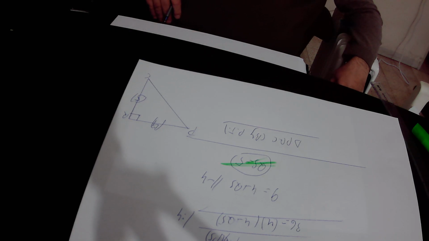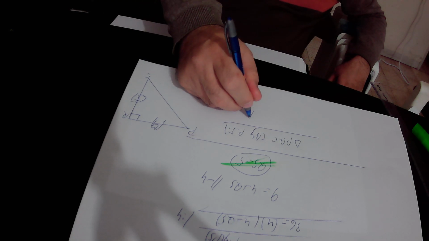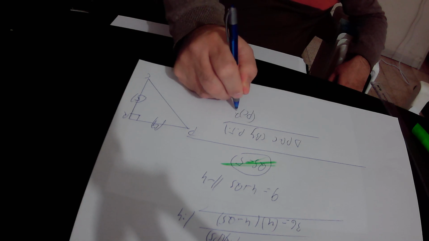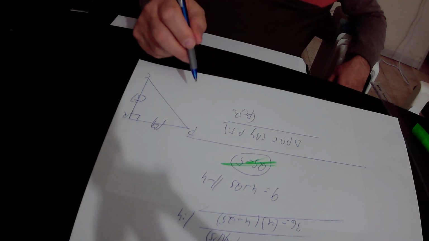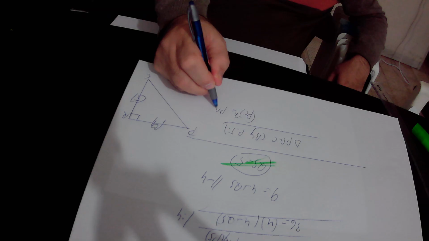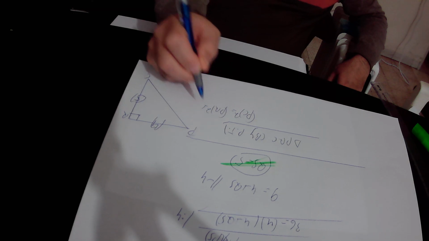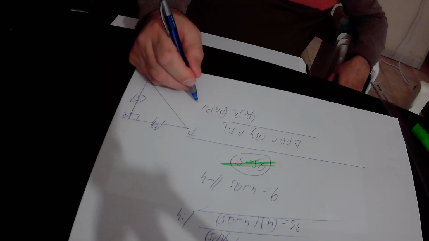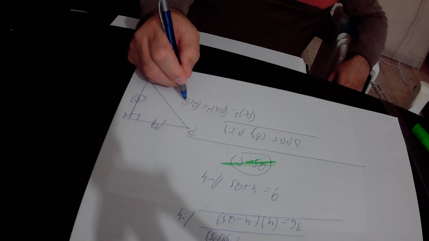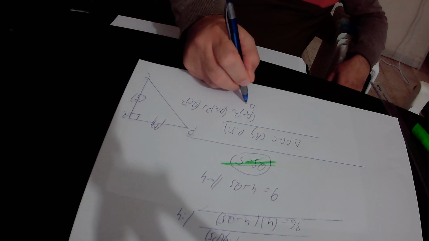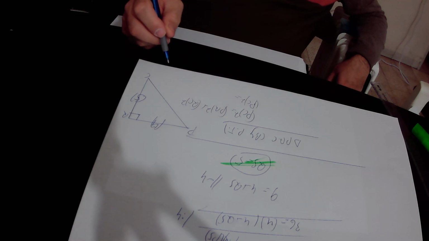According to the Pythagoras theorem, in this right-angle triangle PQC, we get that PC squared, the square of the hypotenuse, equals PQ squared plus QC squared. So PC squared equals PQ squared.